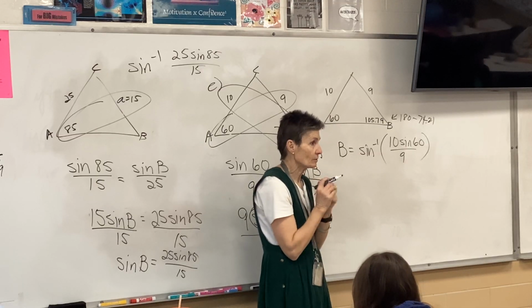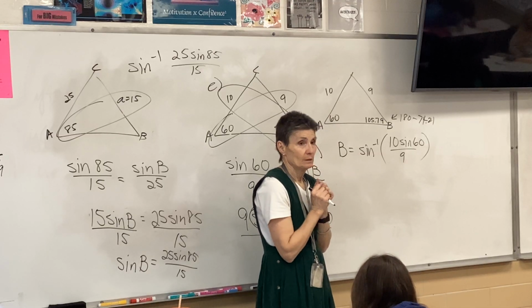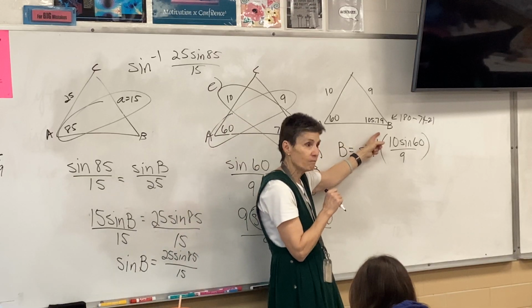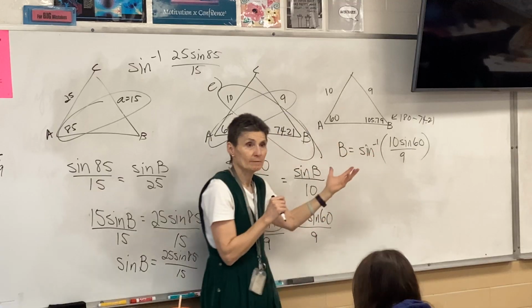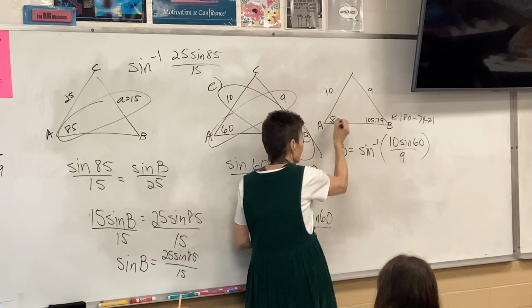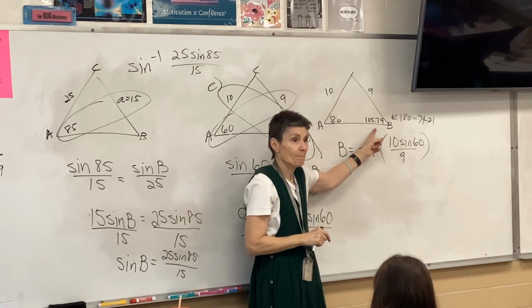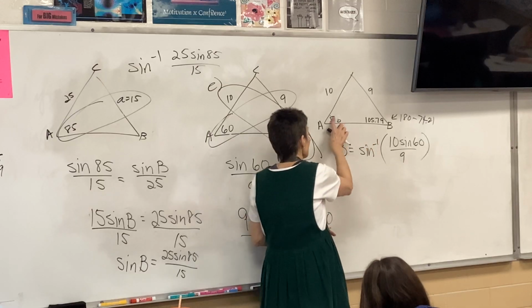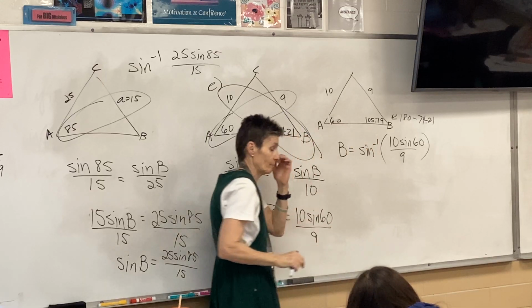So how many triangles are possible? 2. The original 74 and the 105 are both okay. If this angle had been 80, then that one would not be okay. Do you see that? That would not work. But it was a 60, so it's all good.